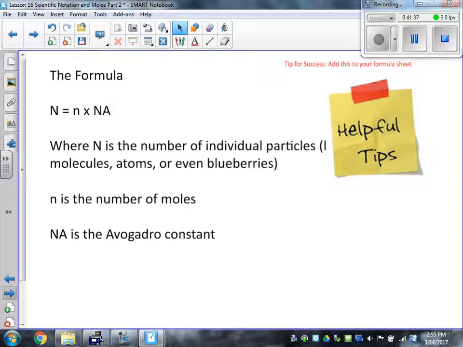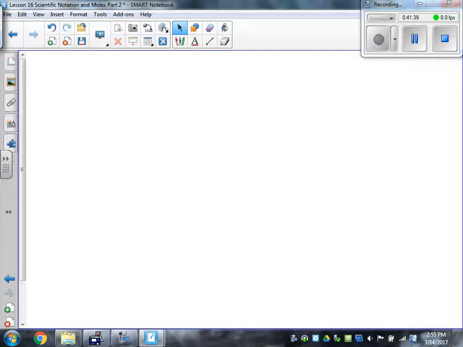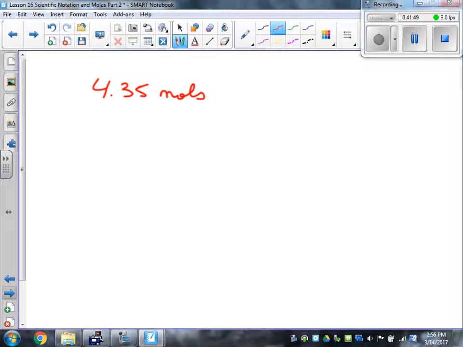Like I said, I think some practice would help. What you have to remember is there's 2 types of questions. If I said we got 4.35 moles of something, you need to know where that number is going to go and what operation you're going to be doing with that.